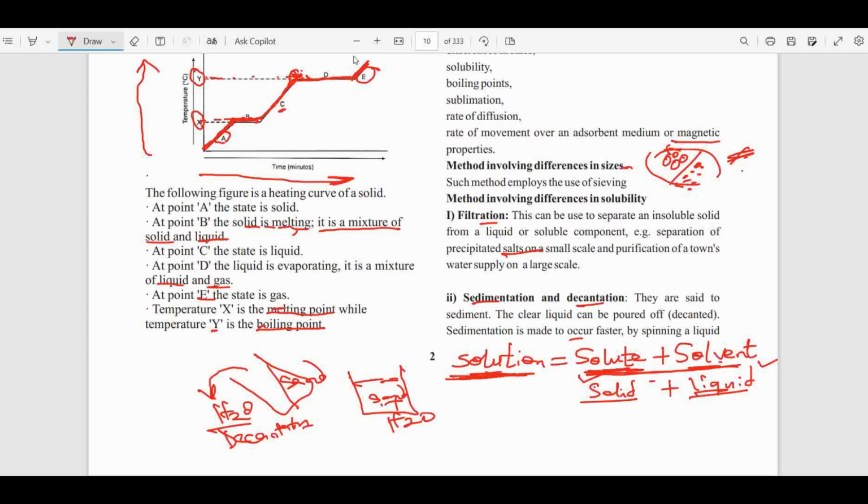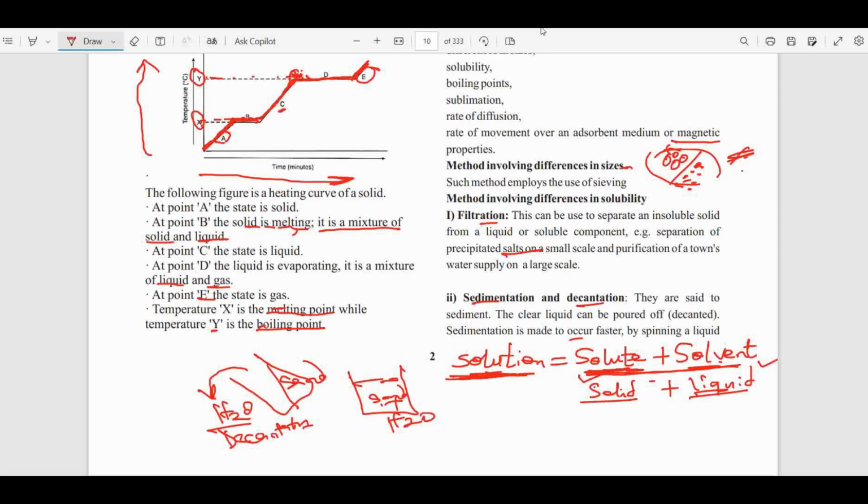Now, this sedimentation and decantation can be aided in the laboratory, particularly when you put this mixture in a centrifuge. The centrifuge will be spinning at high speed, and that aids the particles to settle faster.